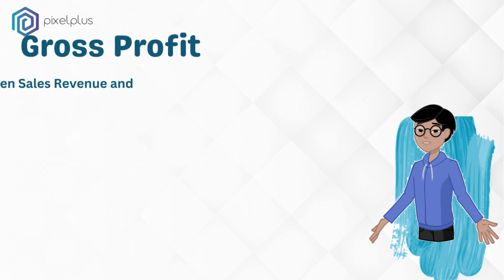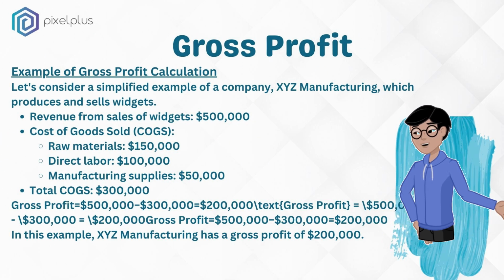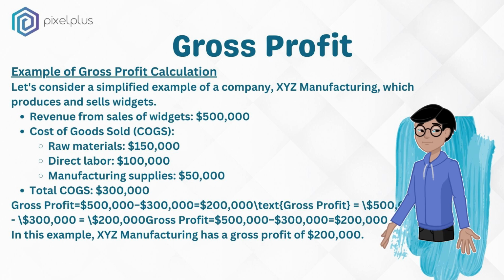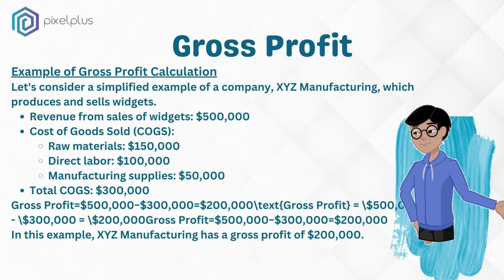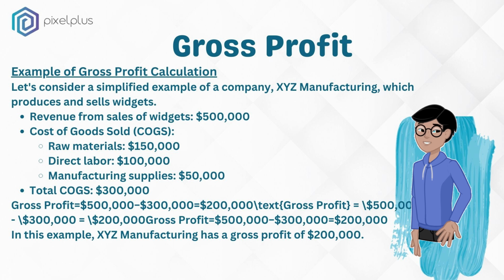Let's take an example of gross profit. Let's consider a simplified example of a company XYZ, which manufactures and sells widgets. Revenue from the sale of widgets, let's suppose, is 500,000, and then the cost of goods sold. Now, how will you get the cost of goods sold? You get raw material, for example, 150,000.